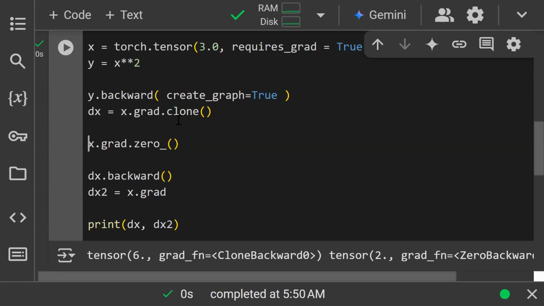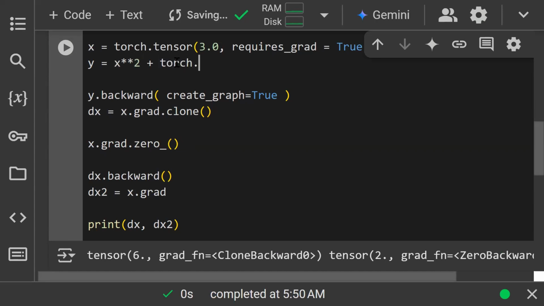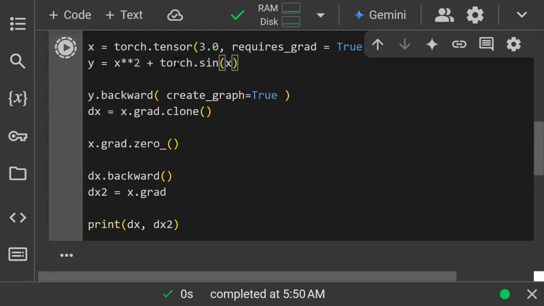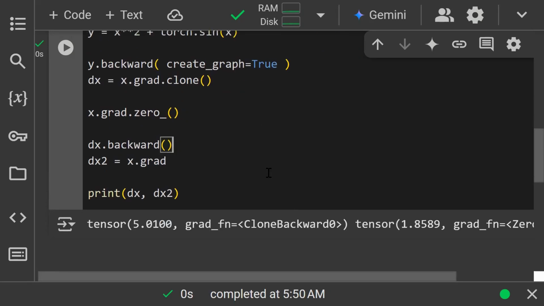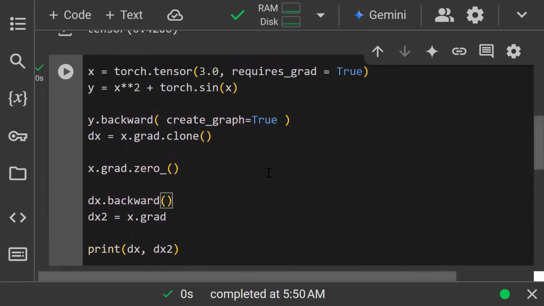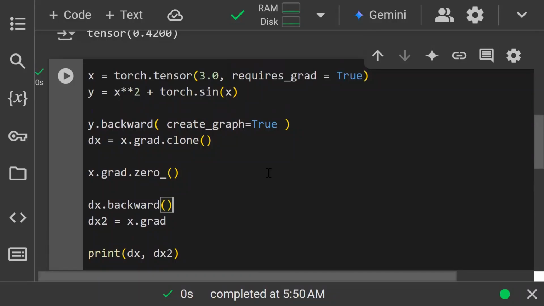So if this makes sense, then no matter how complicated your function is, now you have a really powerful tool, not only for neural network training, but also for other research applications. Whenever you need to take the derivative of something, go to PyTorch, and you can do this. No matter how complicated your function is, PyTorch should be able to take the derivatives as long as the function is differentiable.